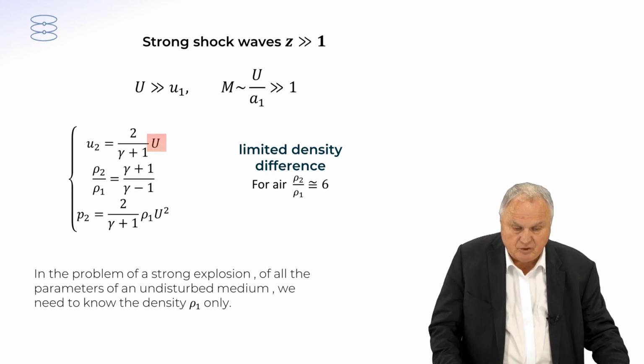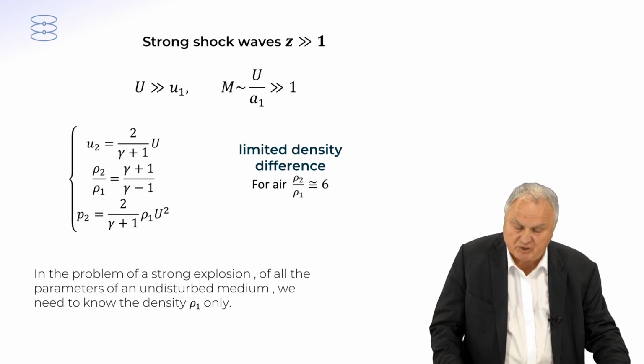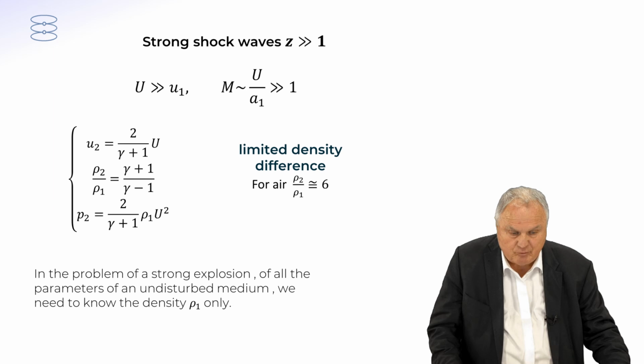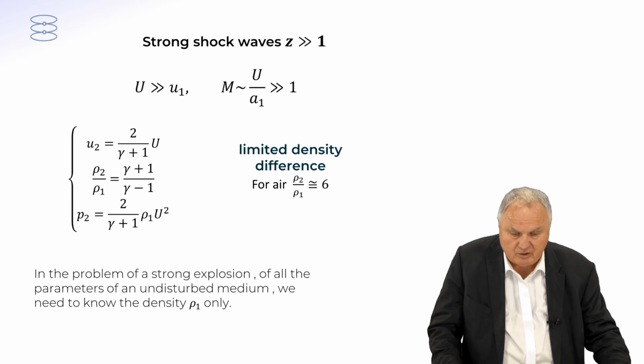Here is the speed of movement of the shock wave, and formulas for the speed of movement of particles and for pressure. And in this case, the density ratio is limited: ρ2 divided by ρ1 is approximately equal to 6.